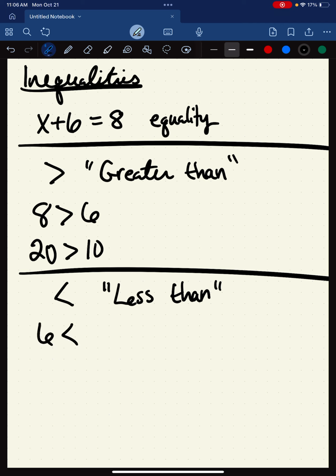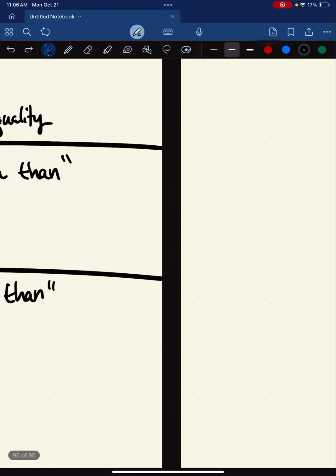So using the two examples from above, 6 is less than 8, and 10 is less than 20. And you can see that the way these signs are created suggests that if you read it forwards, 8 is greater than 6, but if you read it backwards, you can see less than from the other perspective, 6 is less than 8. So if 8 is greater than 6, then that's the same thing as saying 6 is less than 8.